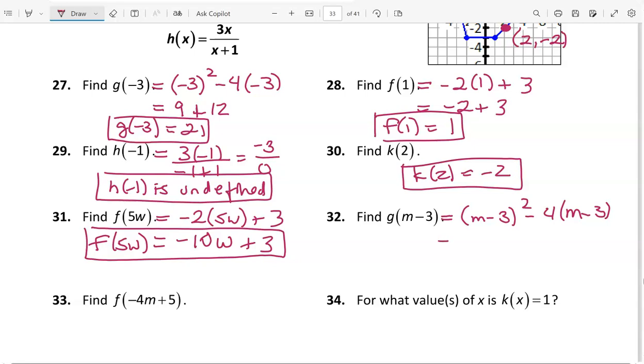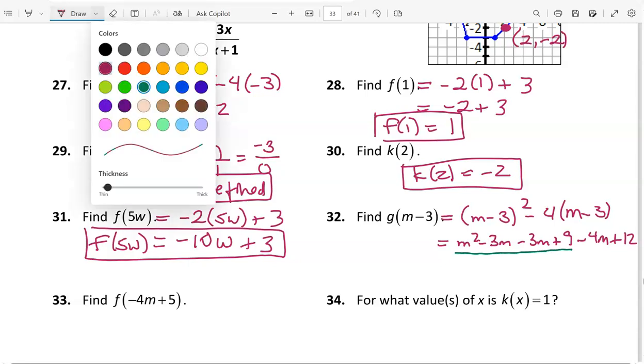So m-3 squared is m squared minus 3m minus 3m plus 9. And then when we distribute the multiplication to m-3, we get -4m plus 12. Those first 4 terms here come from foiling m-3 times m-3.